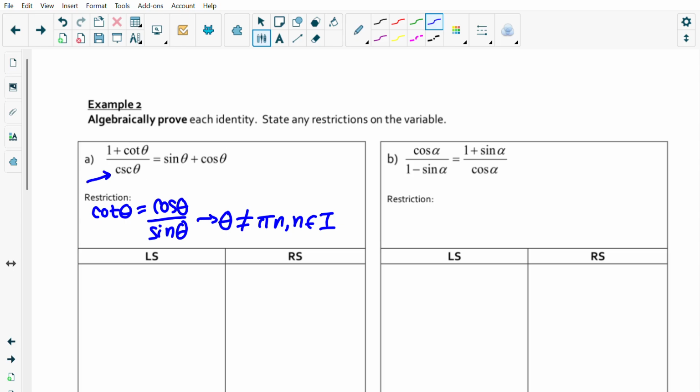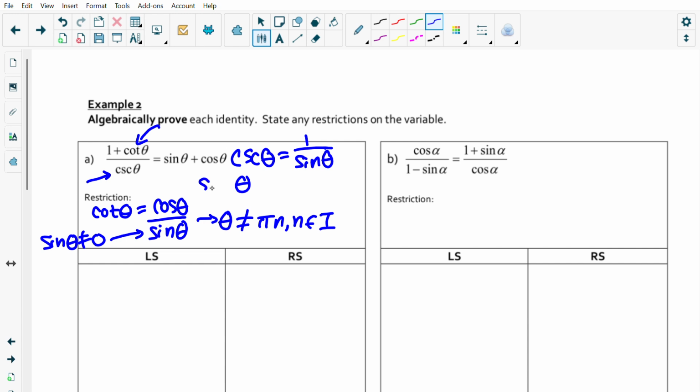The second one I have is from, okay, so my restriction here is I don't want sine of theta equal to 0. Otherwise this cotangent value is undefined. So that's number one. Number two, cosecant of theta. I know that's 1 over sine of theta. I can't have a sine of theta value equal to 0.